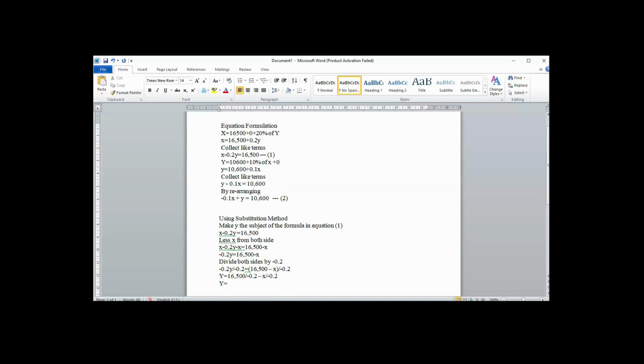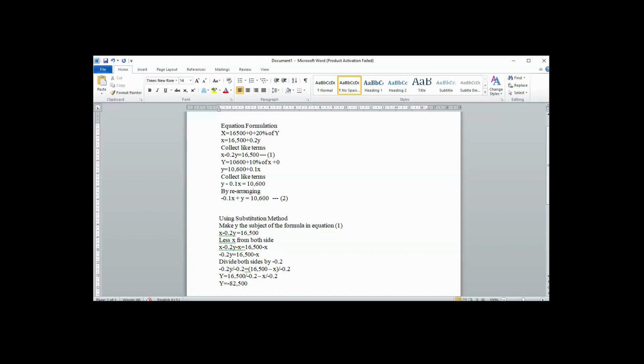That is equal to minus 82,500. Then minus and minus cancel. What you have left is what?